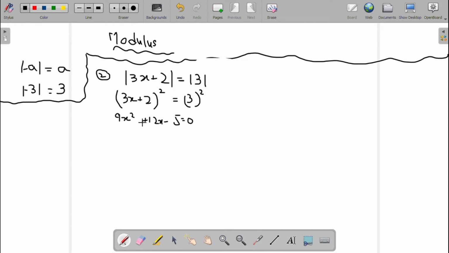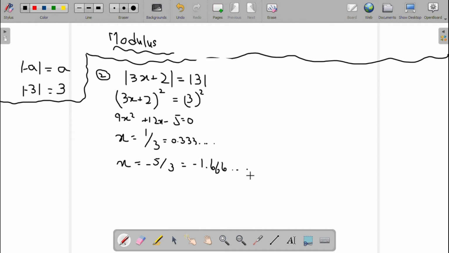The roots that we are getting from this quadratic equation are: one root is positive 1 upon 3, which is 0.333 and so on, and the other root is negative 5 upon 3, which is negative 1.666 and so on.